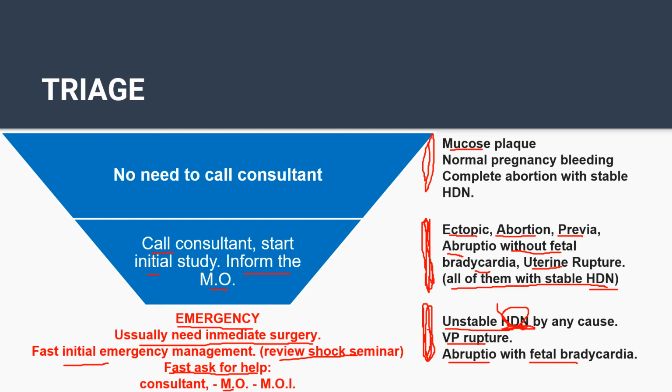No. You have to ask for someone that is in the hospital, because this must be solved very fast. So here we have the 3 different levels of an emergency that we have to be able to select between, to know if we need to call someone else, to know the velocity in which we have to call for help.